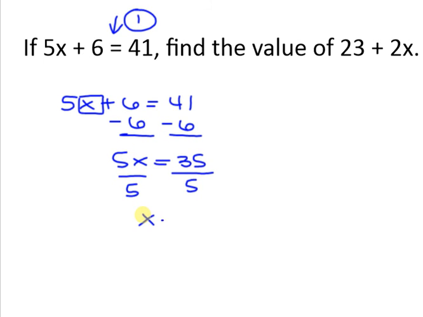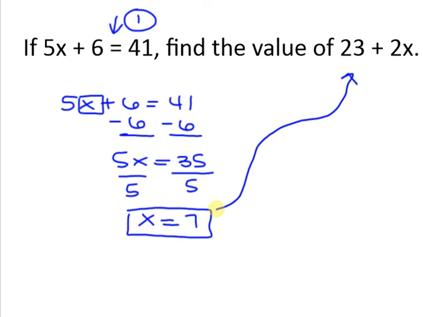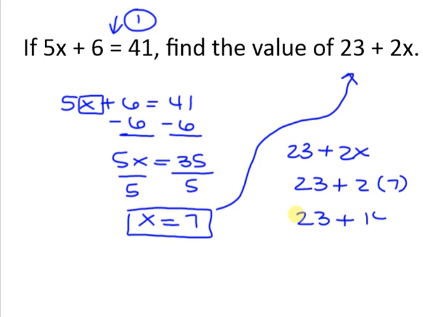So in this case, x equals 7, but that's not the answer to our problem. We have to make sure that we plug it into the expression. 23 plus 2x. So 23 plus 2 times 7, which is 23 plus 14, which is going to be 37.